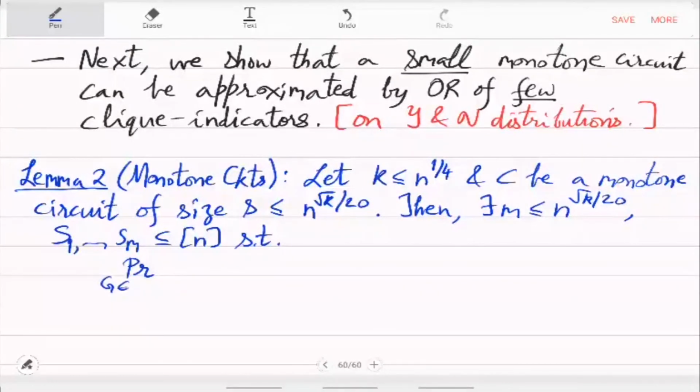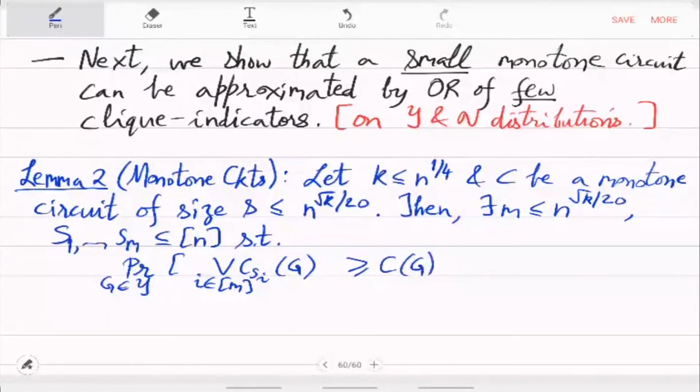On the yes instances, when you look at this OR of the m clique indicators, it is actually 1, or it is whatever the circuit was outputting.